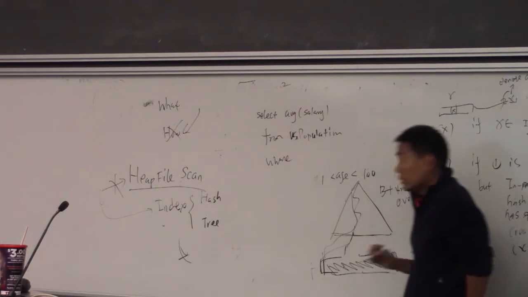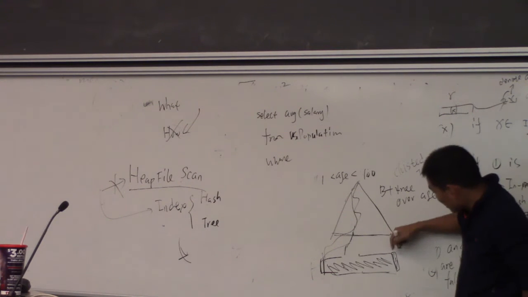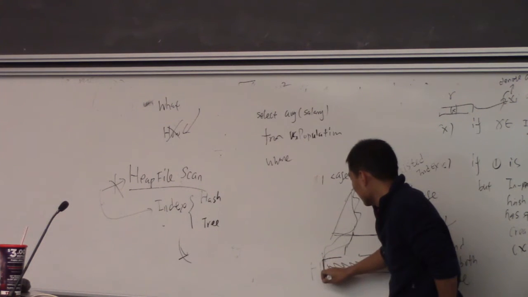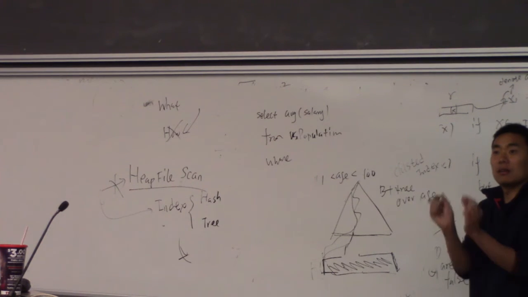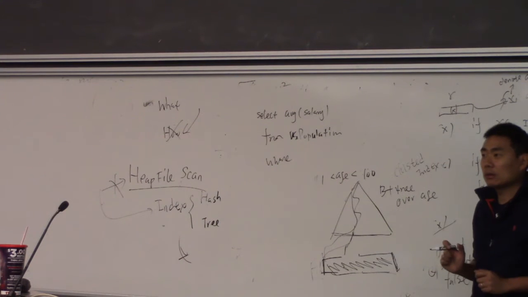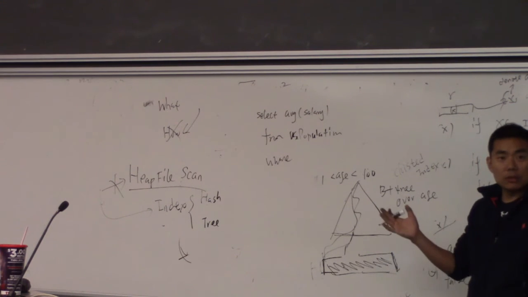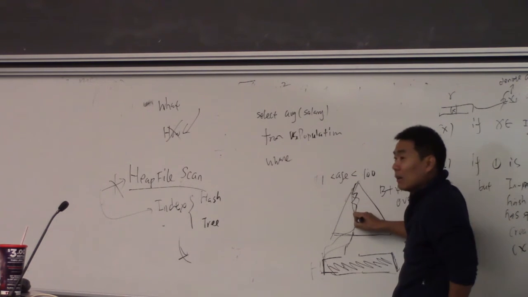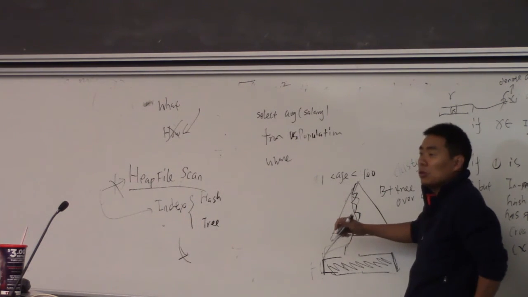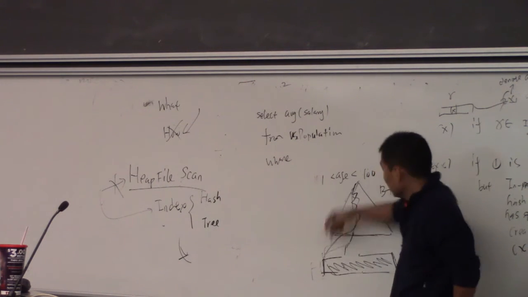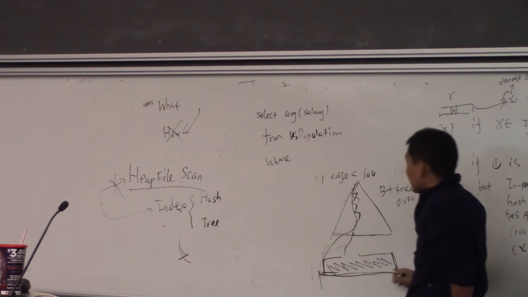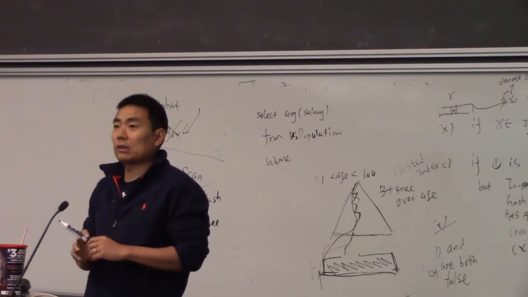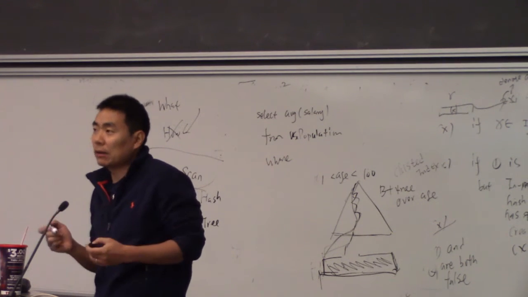That portion naturally should be way smaller percentage-wise. It's so small that you cannot even tell there are those two portions compared to the entire US population. So if you think about it, the cost of traversing down the tree and loading, you are better off simply ignoring the tree and doing a heap file scan from the beginning. If you realize you're looking at all the data anyway, what's the point of going down the tree?